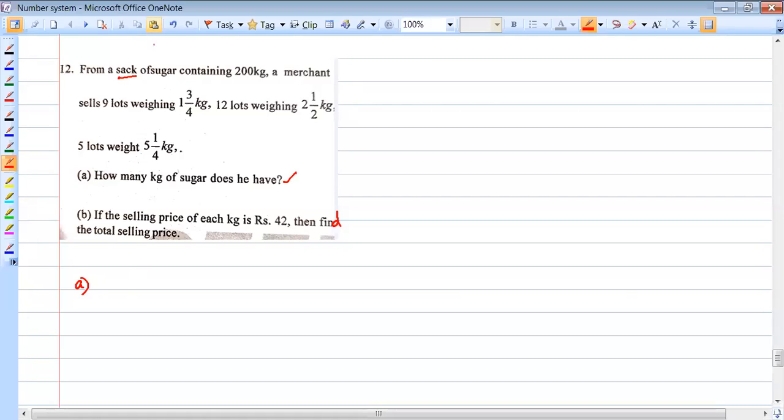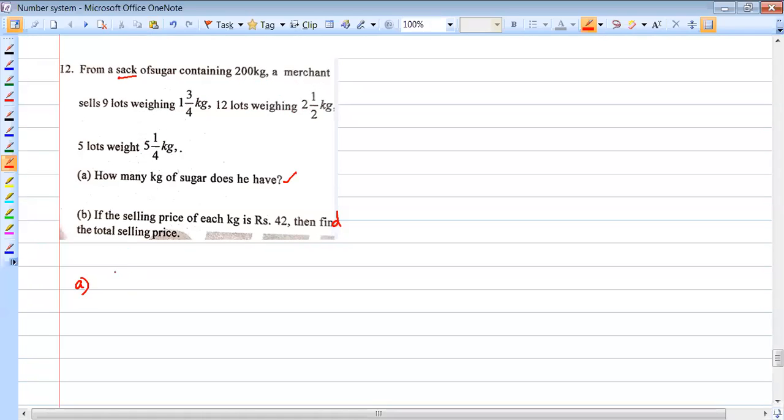Very simple. From a sack of sugar containing 200 kg, a merchant sells 9 lots of weight 1 3 by 4 kg, 12 lots of weight 2 1 by 2 kg, and 5 lots of weight 5 1 by 4 kg.